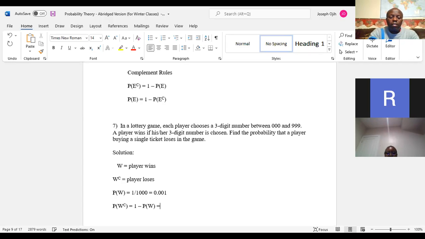We found the chance that he wins to be 0.001. When you subtract this, you get 0.999, so the player has a 99.9% chance of losing.